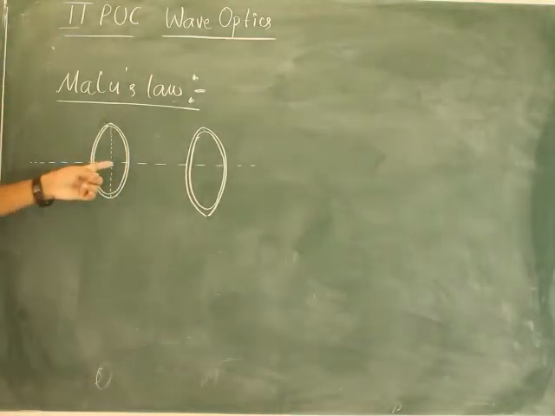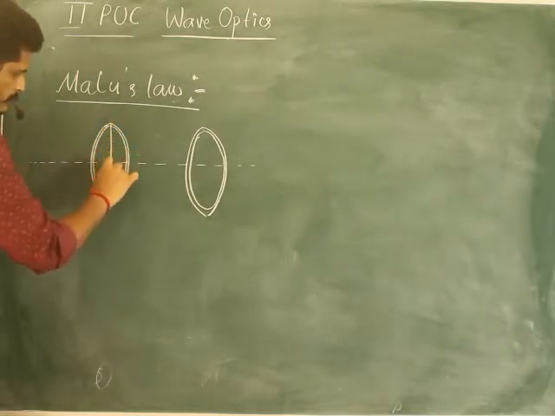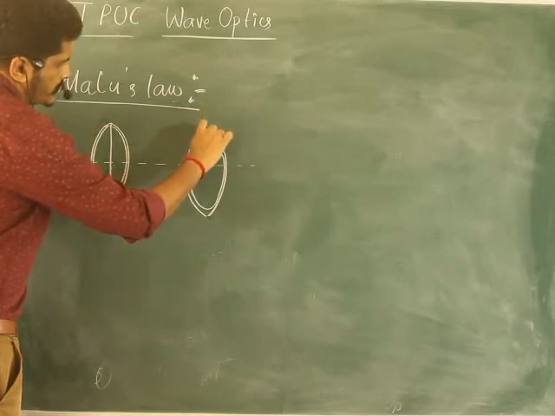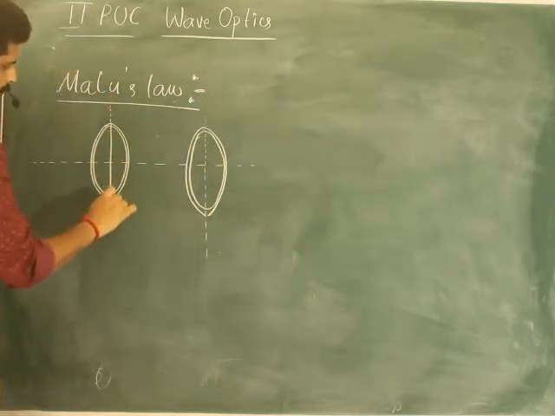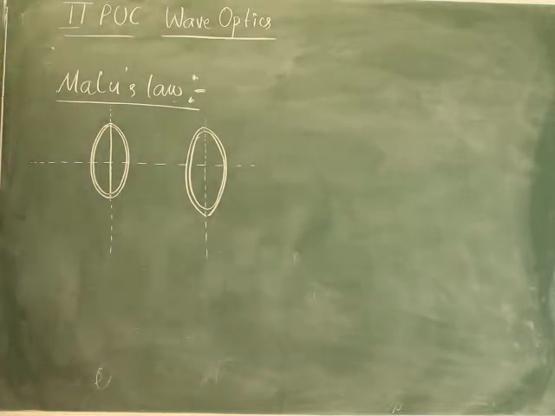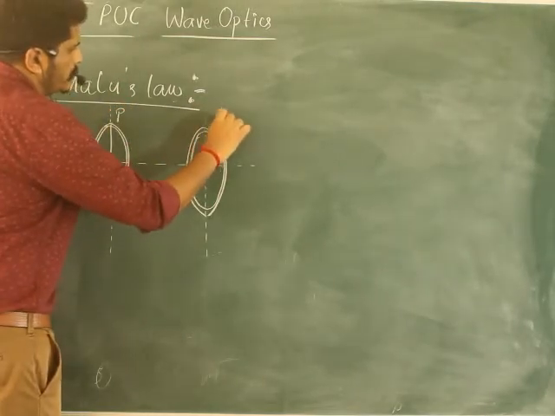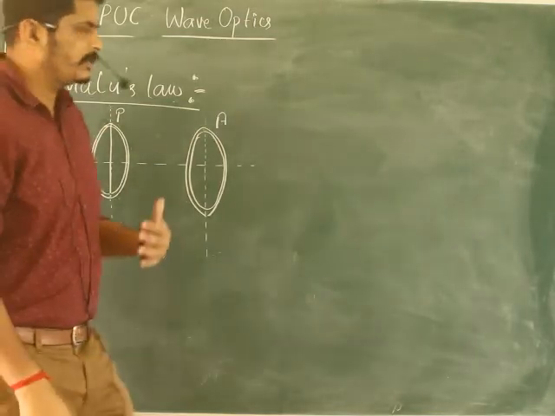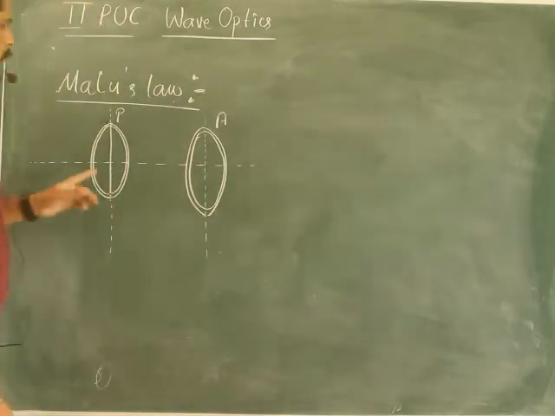Instead of taking a dotted line, I will take a straight line. I'll tell you later why. This is the pass axis which is maintained for the polarizer and analyzer. Polarizer I will write P, analyzer A. I don't show the vibrations of light, because you are already familiar.